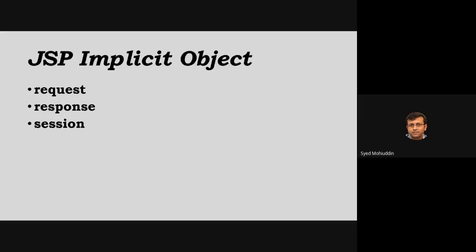Just remember that the request implicit object in JSP corresponds to HTTP servlet request. If you remember, we have seen this in the doGet method. When we define a servlet, we give a public class, MyServlet or whatever name, and then we say that it extends HttpServlet.